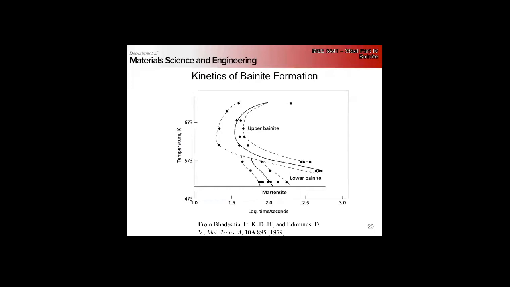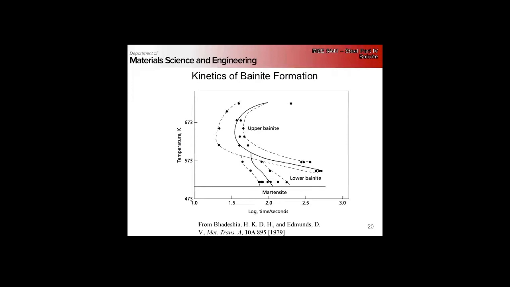It's not just the fact that carbon diffuses slower, there are actually different TTT curves that intersect for lower and upper bainite. And depending on your cooling schedule from the same alloy in the same range, you can get a heat treatment that gives you all upper bainite or all lower bainite, depending on where your cooling rate takes you across the nose of that curve.